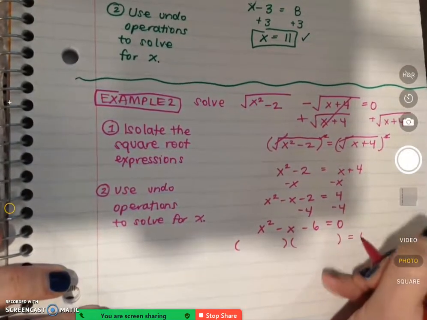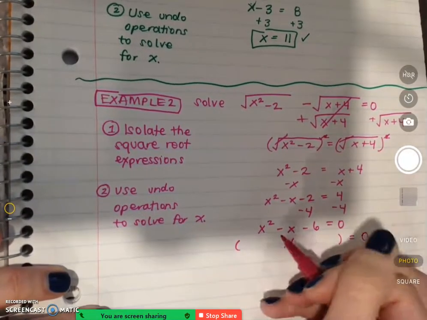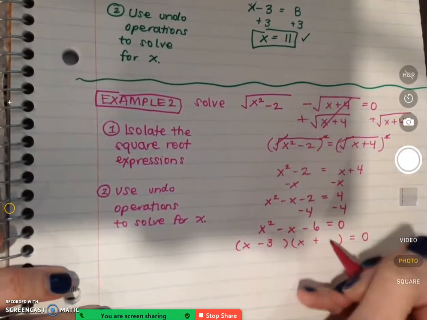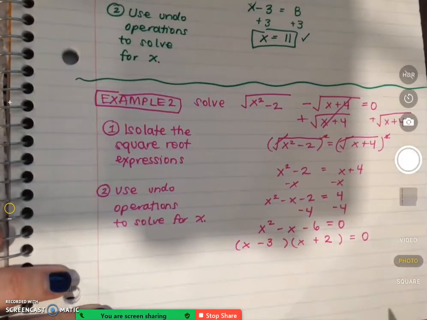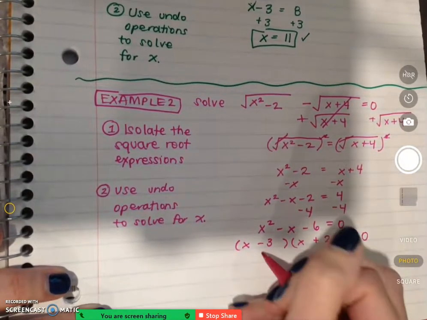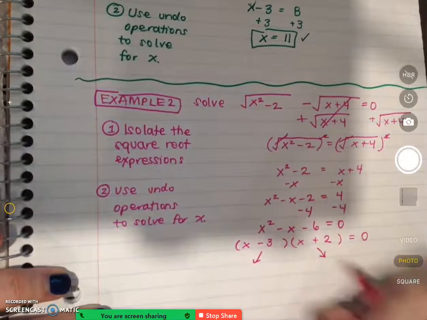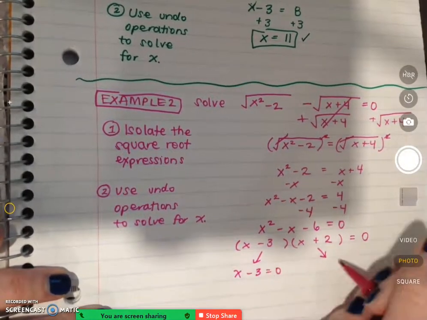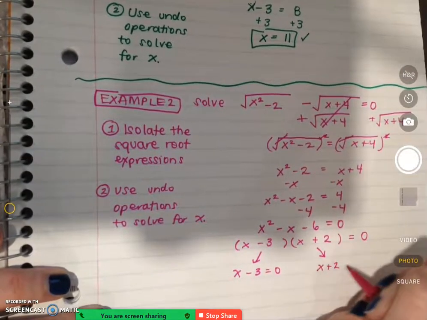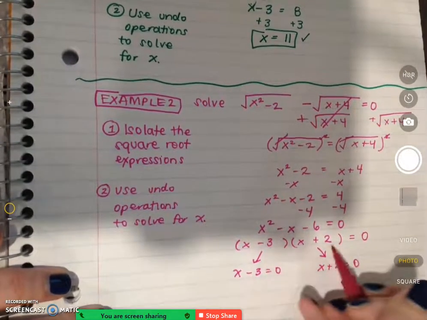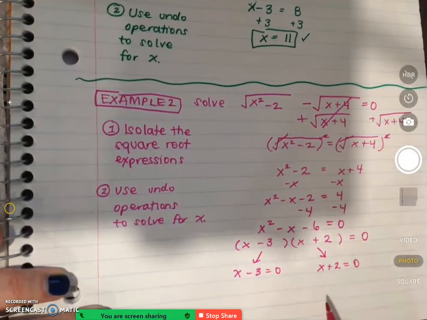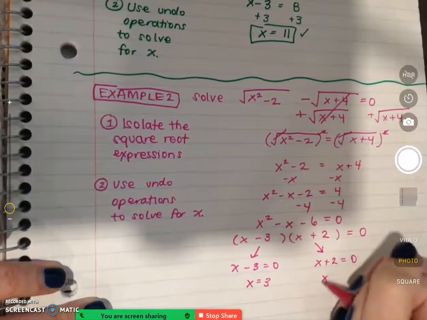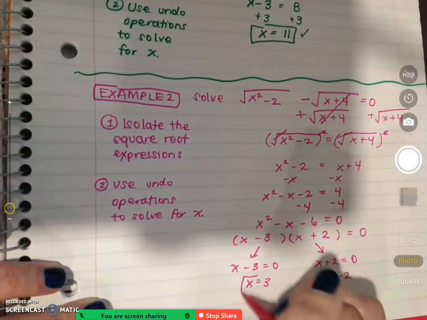I'm thinking of two numbers that multiply to -6 and add up to -1, and that would be -3 and 2. So I factored the quadratic. Now I'm going to use the zero product property to solve. So I set each factor equal to 0, because the whole quadratic expression is equal to 0. And I have x equals 3 as one solution, and x equals -2 as one solution.